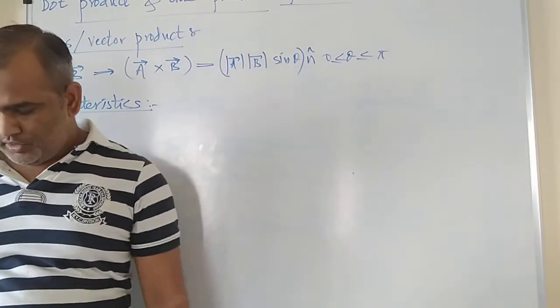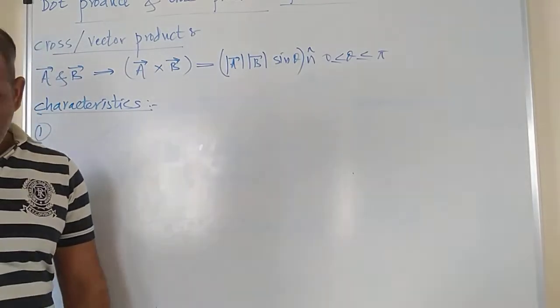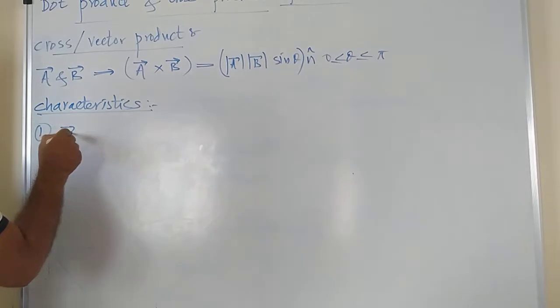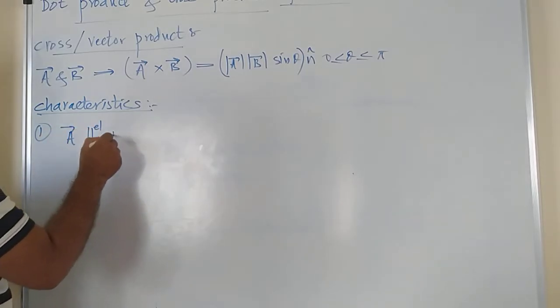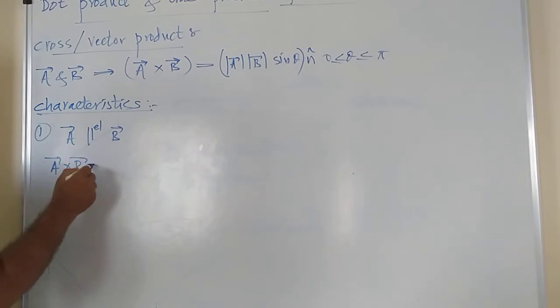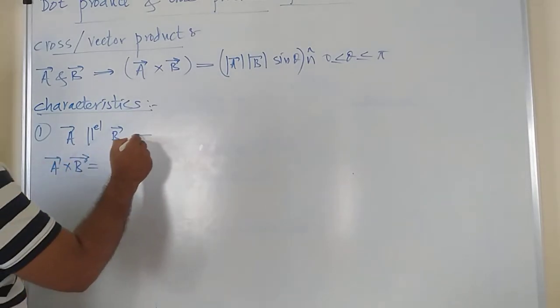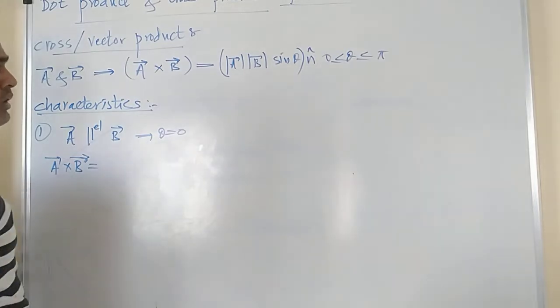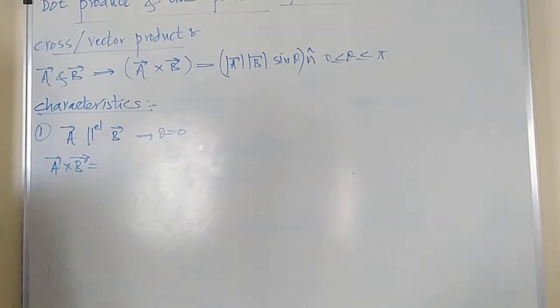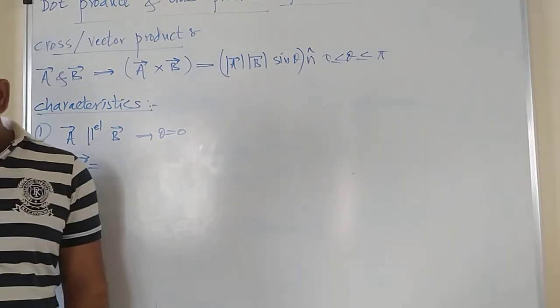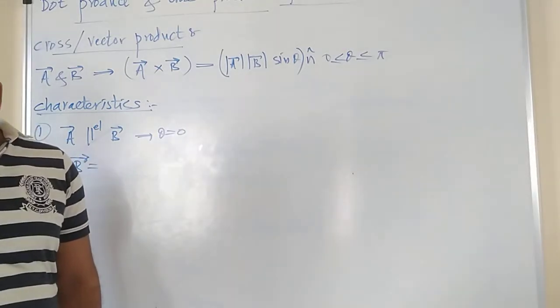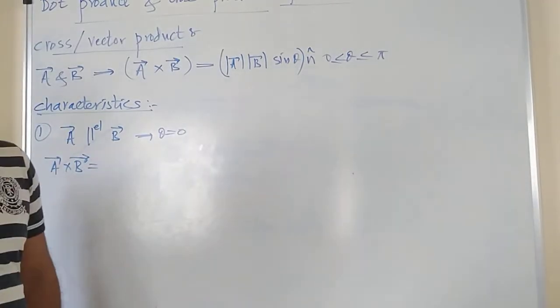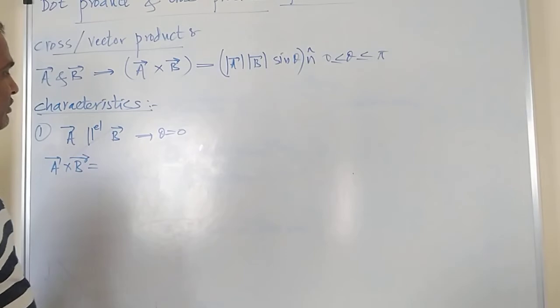Like scalar product only, if the two vectors are parallel to each other, if A bar is parallel to B bar, then what is the theta value? Theta is equal to 0.